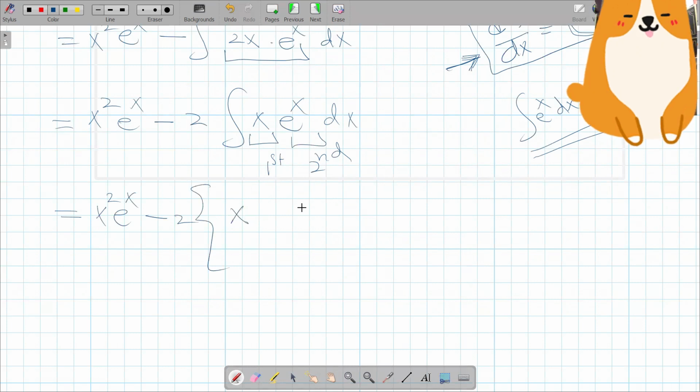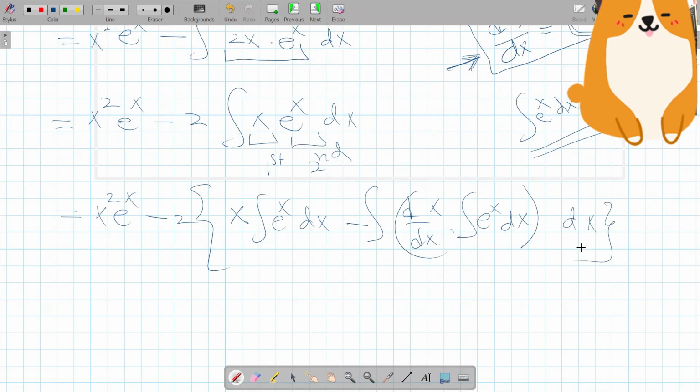First function same, times the integral of the second function, minus the integral of the derivative of the first function times the integral of the second function, whole integral. Any questions? No, I got that. x squared e to the x minus 2 times x.